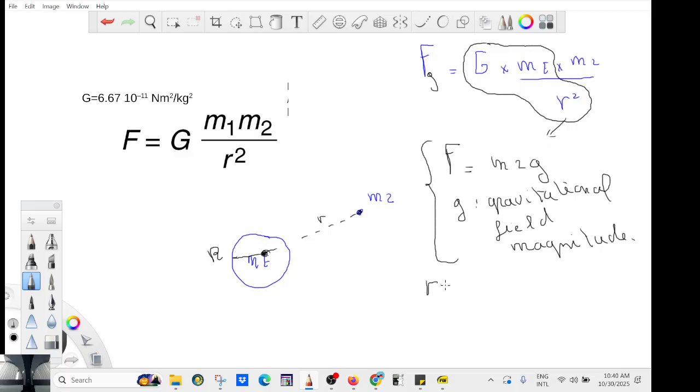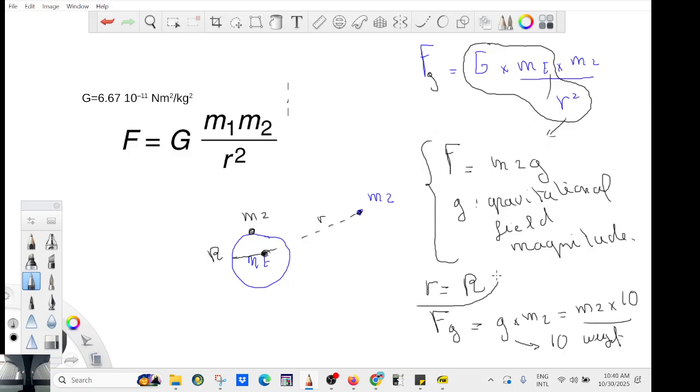Example, if you are located on Earth, so now if m2 is here, so that will be you. So then the gravitational force here is going to be G, okay, times m2. And you can do the computation here, that will be 10. So it will be m2 times 10. So that will be your weight.